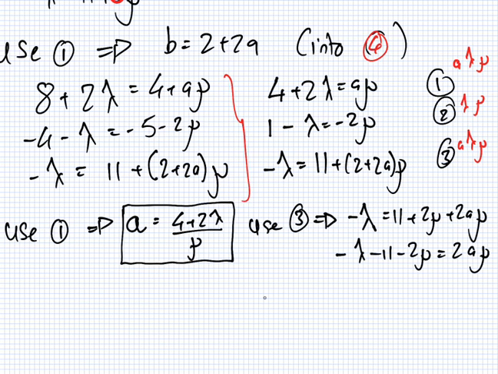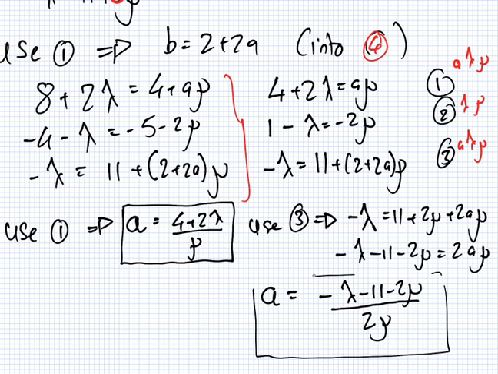So that means I get A equals minus lambda minus 11 minus 2 mu all over 2 mu. That's my A. Okay, so now that I've got my A, I can put that into 1 and 3 to get rid of A, and I'll just be left with lambda and mu.